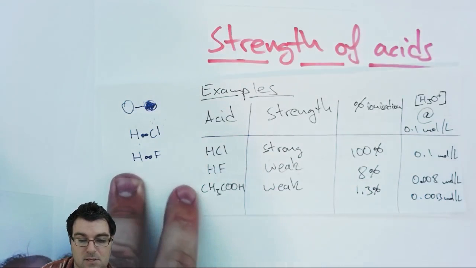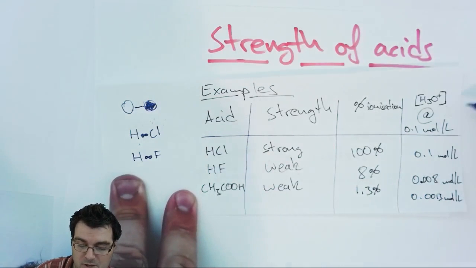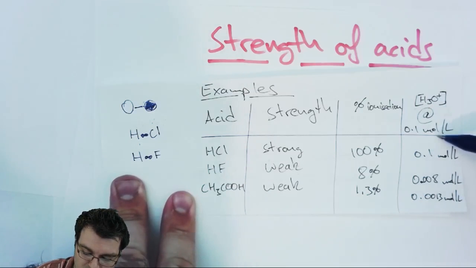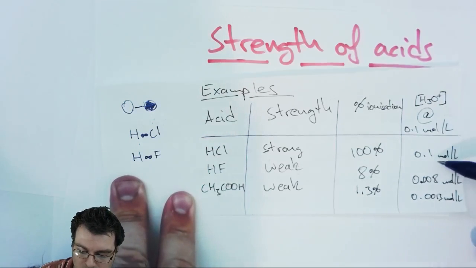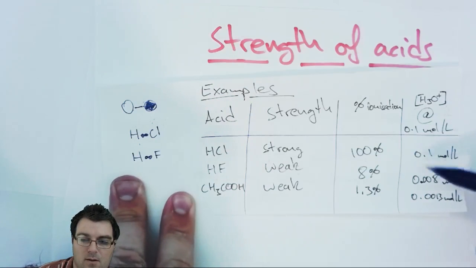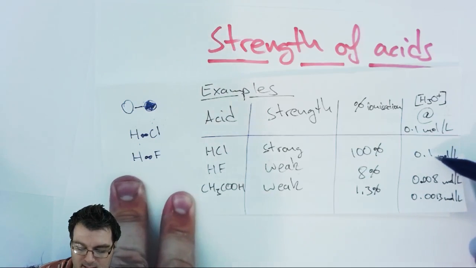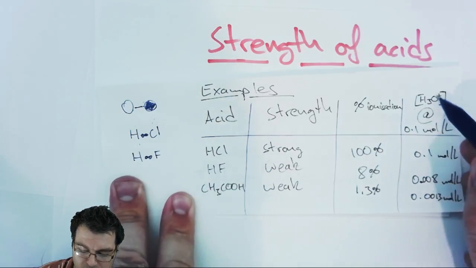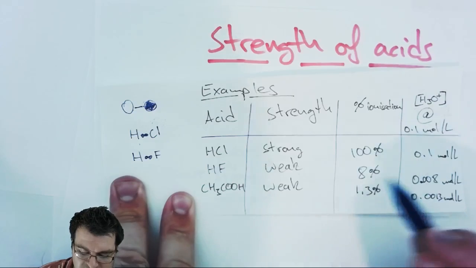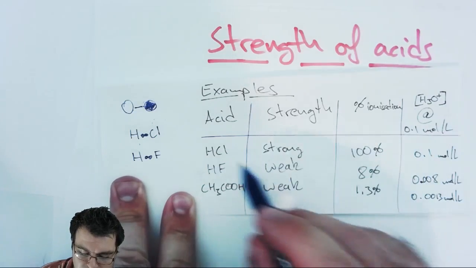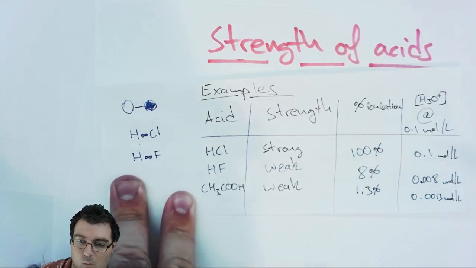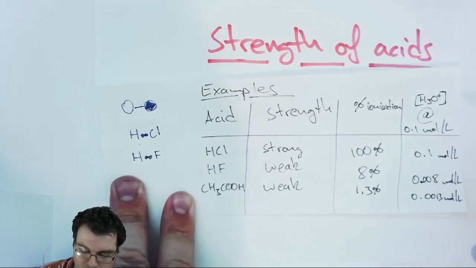Now, what that means in terms of solution concentration of hydronium ions is quite interesting. Specifically, if we have a 0.1 mole per liter solution, for a strong acid like HCl, our concentration of hydronium ions is going to be the same as our concentration of the acid itself, because it's got the 1 proton it can donate, so it's a 1-to-1 situation.